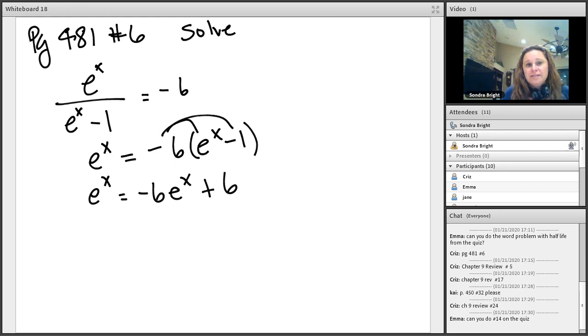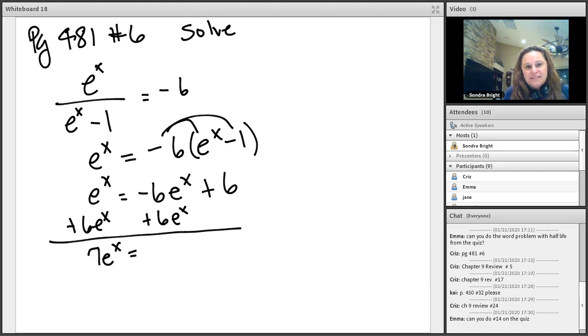I'm going to add 6 e to the x to both sides. 1 e to the x plus 6 e to the x is 7 e to the x, and that's equal to 6. Dividing both sides by 7, e to the x is equal to 6 over 7. Now take the natural log of both sides. x is equal to the natural log of 6 over 7.